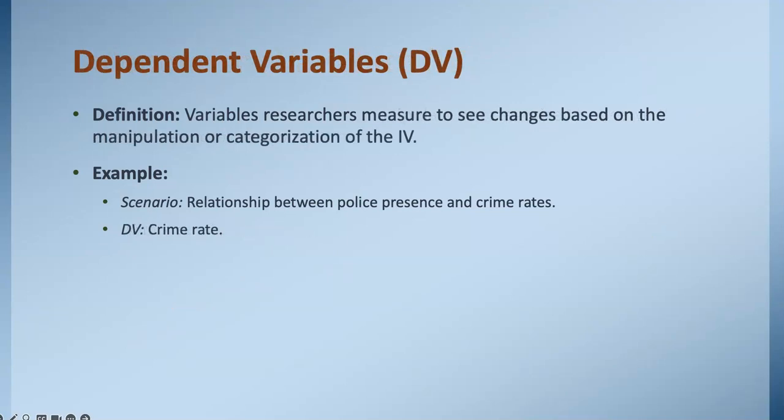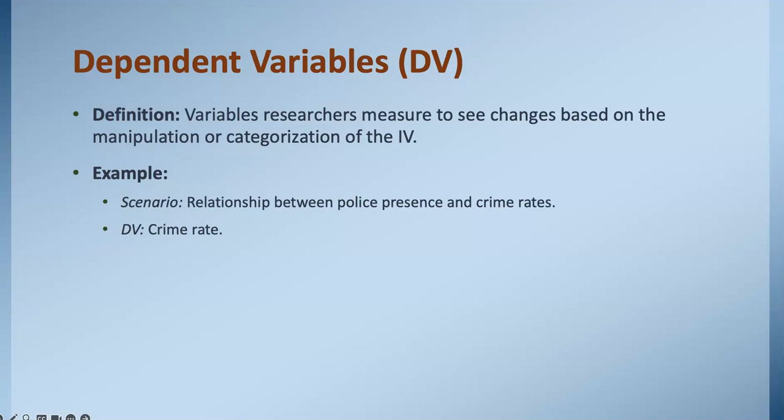So if we know the independent variable, let's look at the dependent variables. These are variables that we measure to see if they change due to the manipulation or categorization of the independent variable. So the independent variable is going to impact your dependent variable.